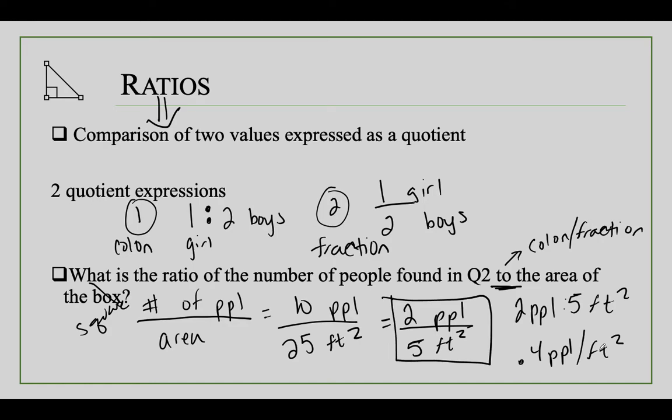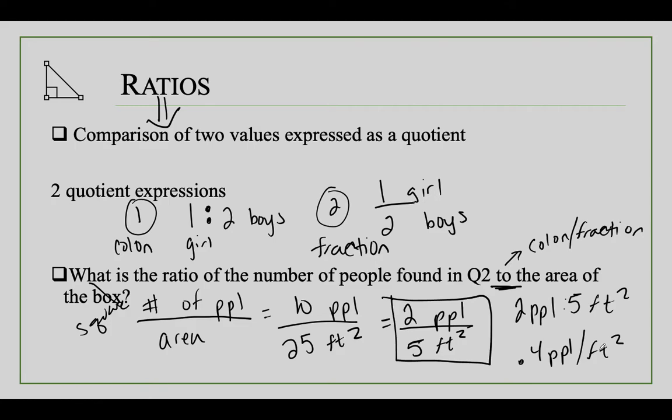So definitely take a moment to look at that. And it should make sense, right? If each person occupies 2.5 feet squared, it makes sense that if we're looking at just a single foot squared, it's about 0.4, right?